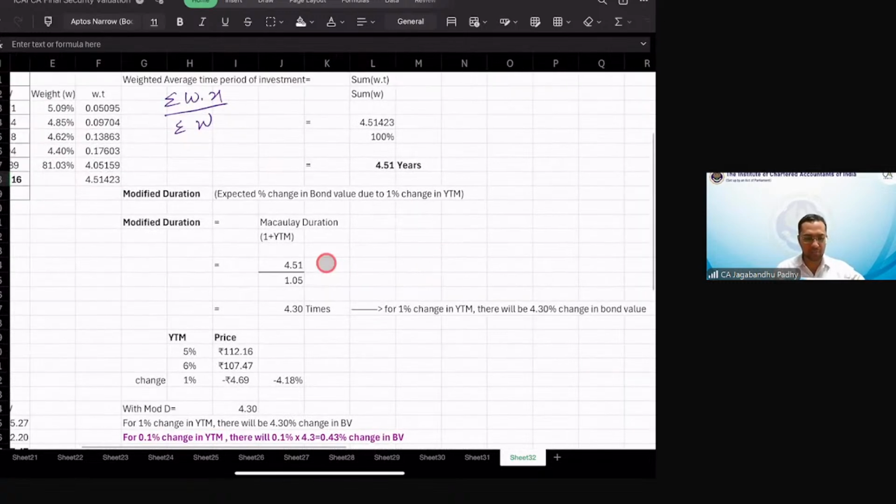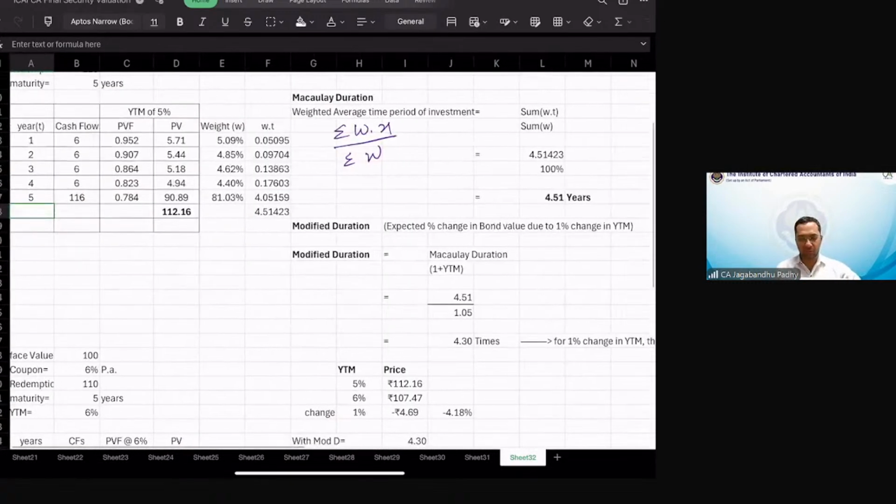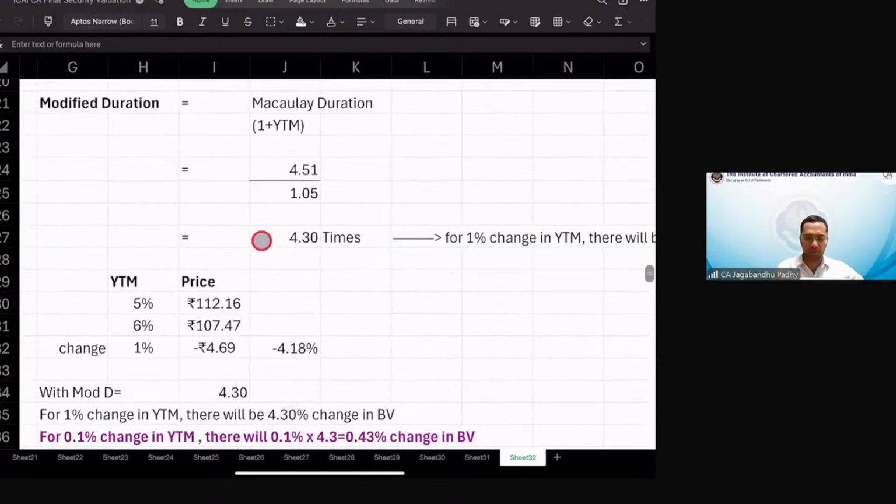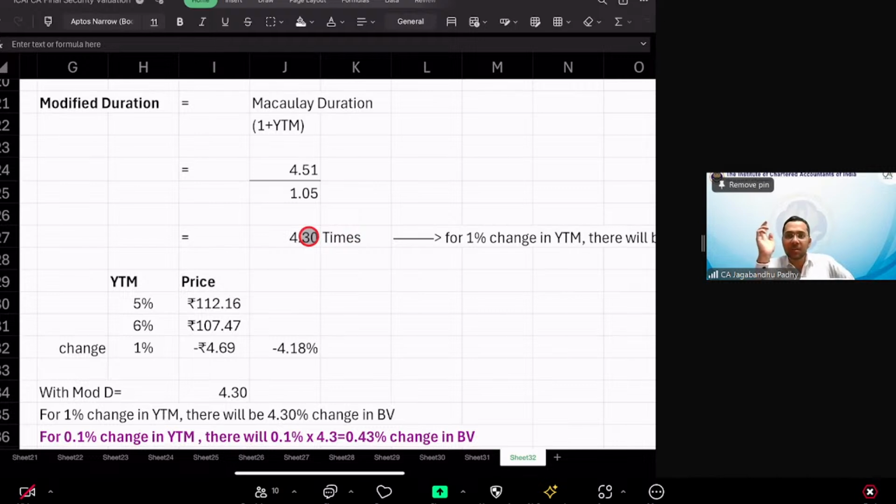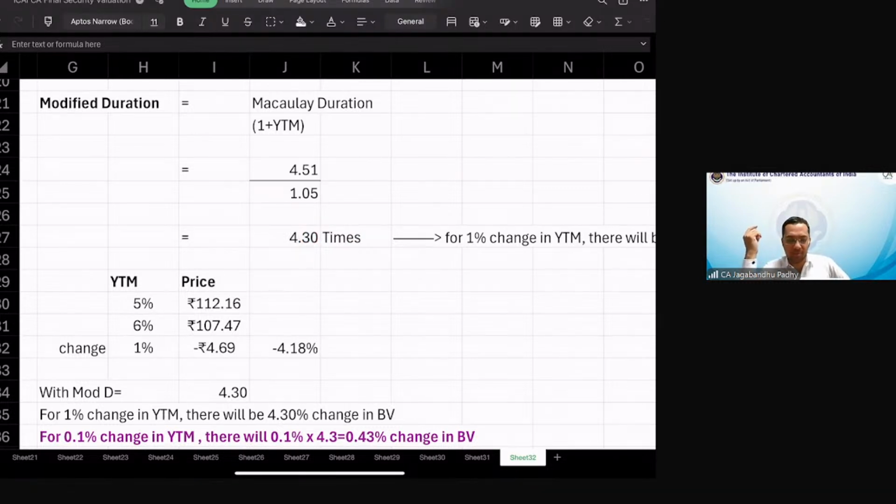Like in our example in the previous class, we got the modified duration to be 4.30. So a fair estimate of a change in the bond value will be 4.3 times the change in YTM. So if YTM is changing by 1%, then the bond value changes by 4.3%.